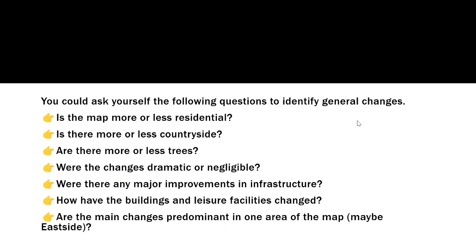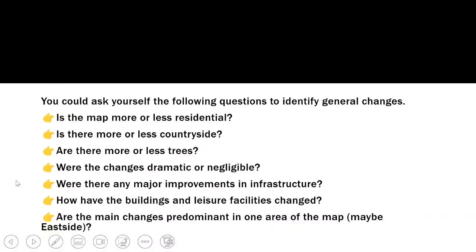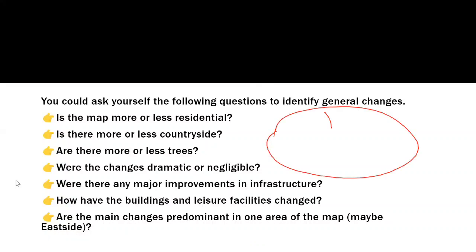So you need to talk about that as well. How have the buildings or the leisure facilities changed? Okay. Are the main changes predominant in one area of the map? There are some instances where the changes will just be on one side of the map.